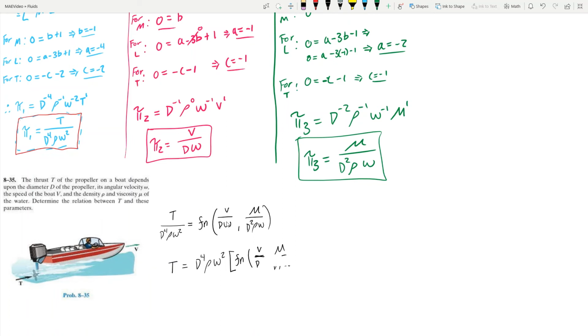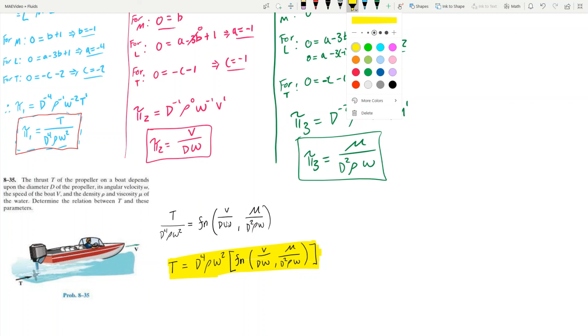Let me rewrite that. So now we have a relation between t and the other parameters here. So that is our final answer. Hope you guys enjoyed.